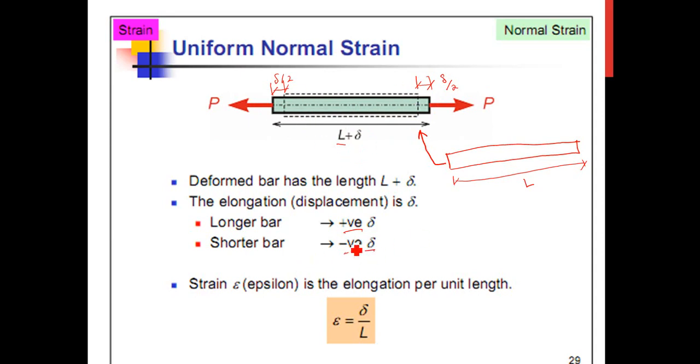As previously shown, the strain epsilon is given by delta over L. If the material becomes shorter, we put minus delta. If the material becomes longer due to the load P, the delta will be positive.